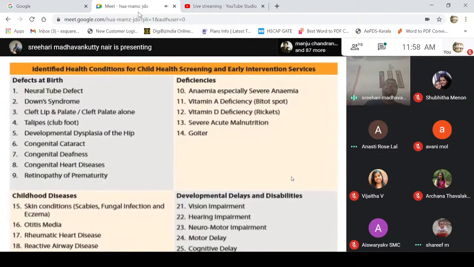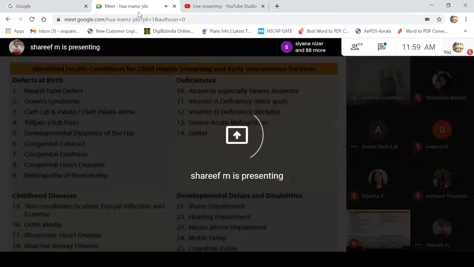So the strategy is early identification and early management. If it is not even management, most of the time for developmental delays and disabilities, we usually say early detection and early stimulation, which is the one that will work.